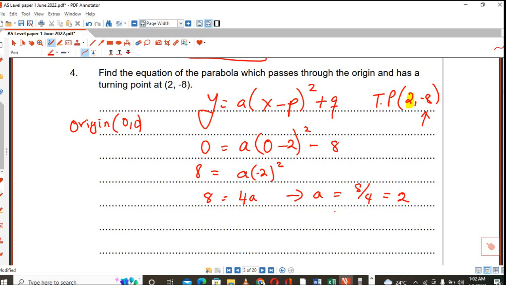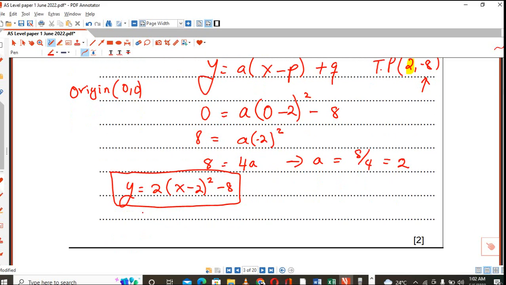Once that is the case, my equation is y equals 2 times x minus 2 all squared minus 8. You can leave it in this form, or you can multiply it out and see what it gives you. If you multiply out, you have 2 times x minus 2, x minus 2, minus 8.